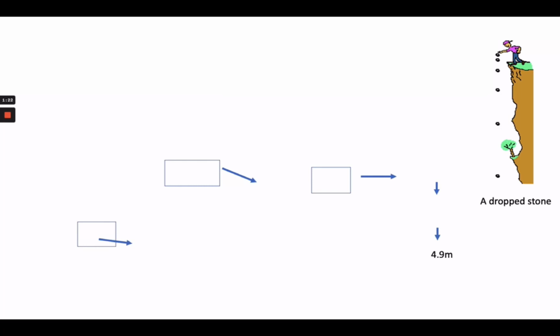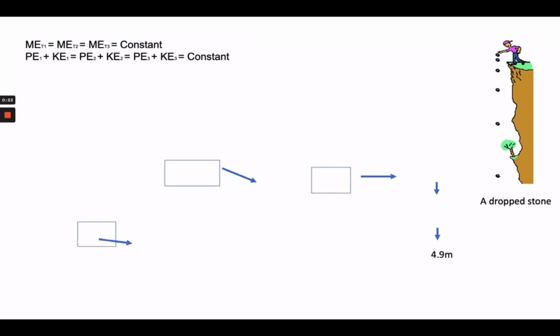So again, we are going to prove that mechanical energy total 1 is equal to mechanical energy total 2, and so on and so forth. And since mechanical energy is the sum of the potential energy and the kinetic energy, we will also prove that potential energy 1 plus kinetic energy 1 is equal to potential energy 2 plus kinetic energy 2, and so on and so forth.